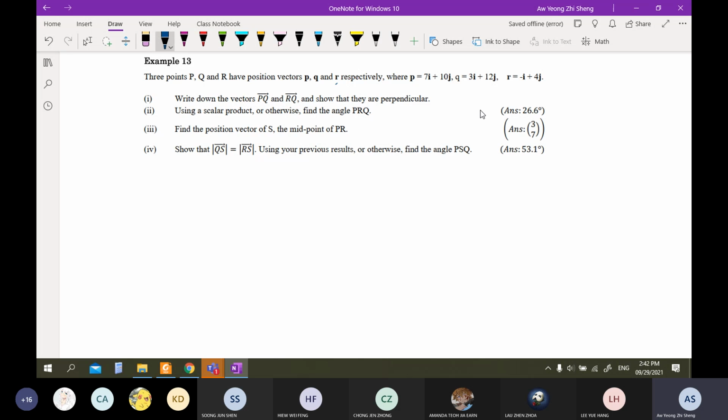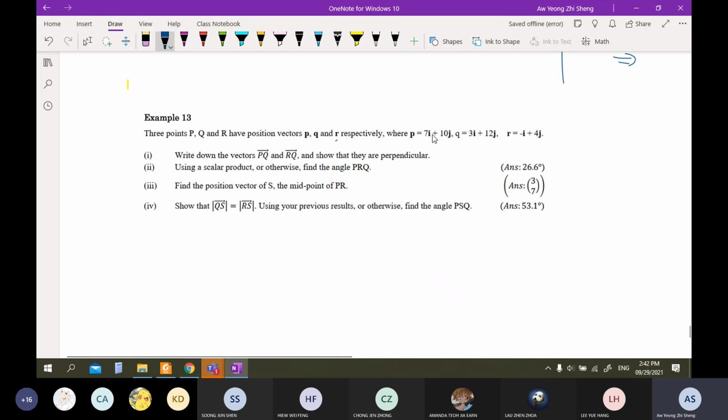Okay, this is actually a 2D question. This is not a pass here, it's actually a 2D question. You see that they only involve i and j, there's no k. This is actually a 2D question. In the exam questions, it's definitely 3D. So this 2D is just for you to practice.